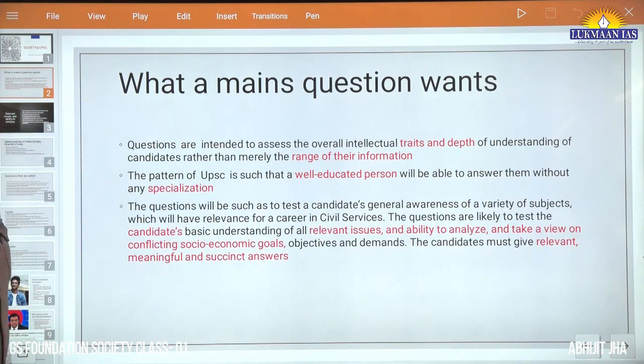So there is a trend among students that they will write in a funny way that people are wearing kurta with jeans, or newly married people are going for honeymoon in Andaman in rather small clothes. Okay, so this is not the example.